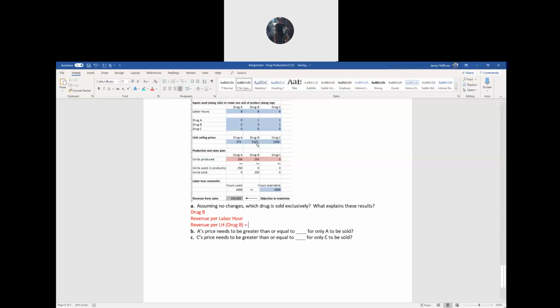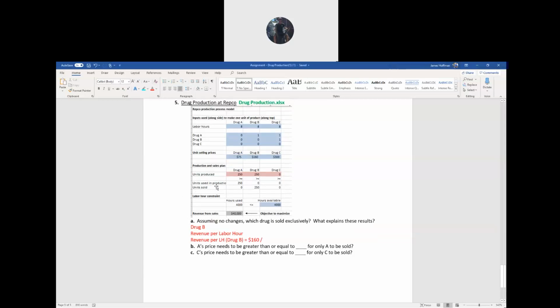All right, 160 is the price for drug B. Okay, so how many hours does it take to make one drug B? 16. Yeah. One drug A, which is 8. 8 plus 8 is 16. Which means we're getting $10 per labor hour, yeah?